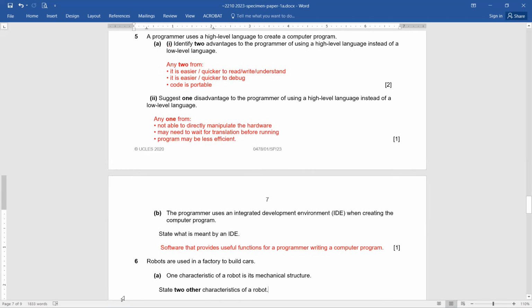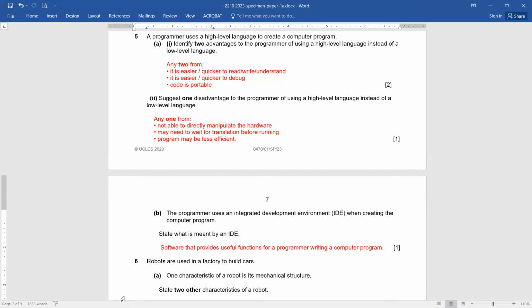The programmer uses an IDE when creating the computer program. State what is meant by an IDE. Simply, software that provides the useful functions that are needed by a programmer so that he can write a computer program. By the way, have you used any IDE up till now?